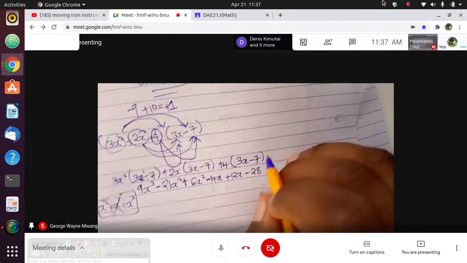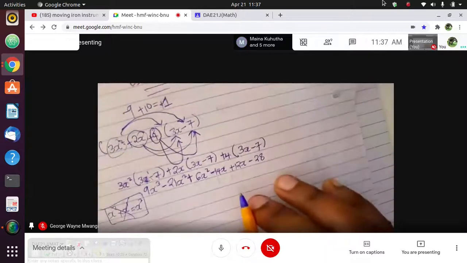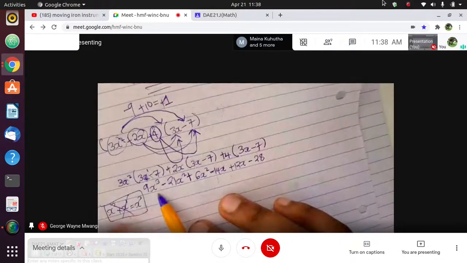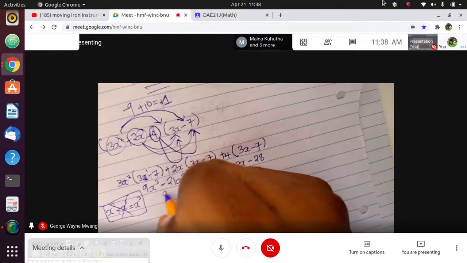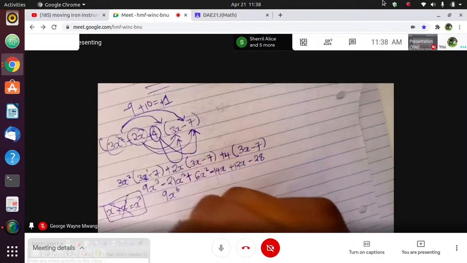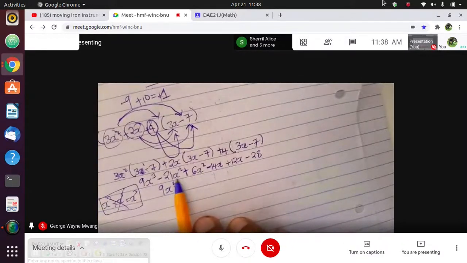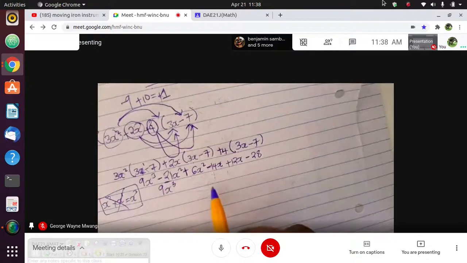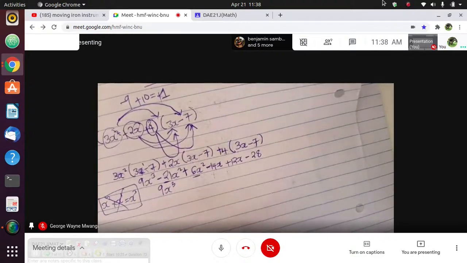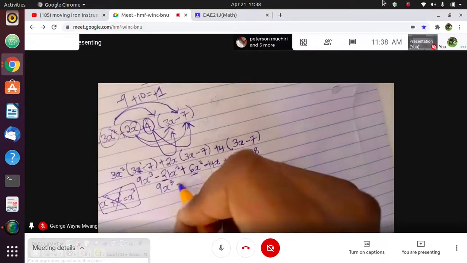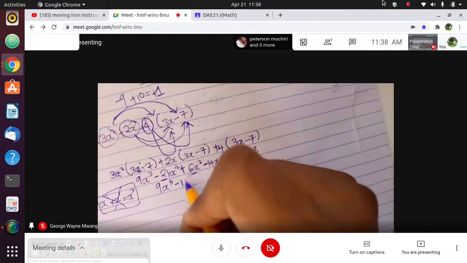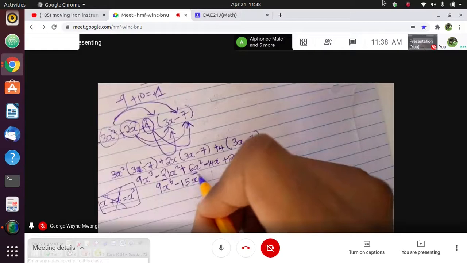Now, let us group the like terms. X cubed, we only have one value of x cubed, so it remains 9x cubed. Now, x squared is how much? We have minus 21 and we have 6. So, minus 21 plus 6 gives how much? Minus 15x squared.